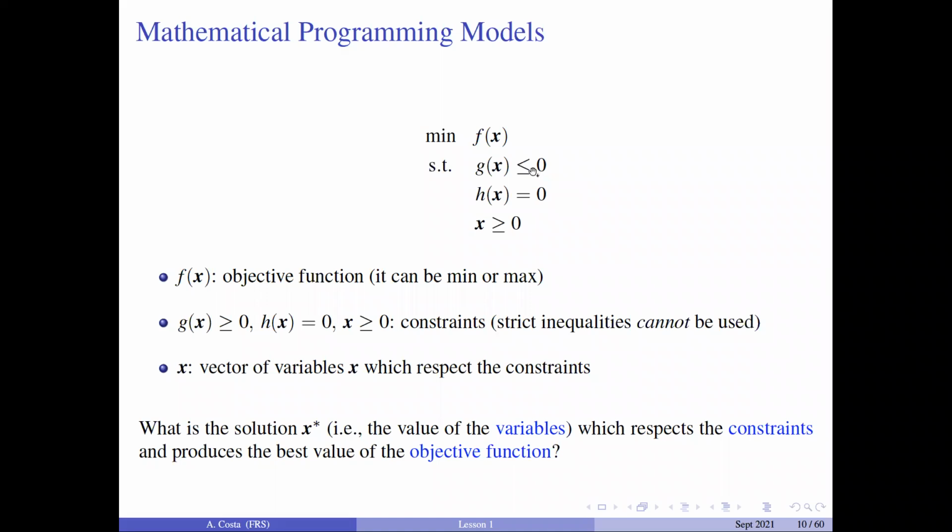One point I want to make, you don't have strict inequality here, because if you had, the problem would not be well defined. Because, quick example, if I want to maximize x, and x is less than or equal to 10, then of course the optimal solution is 10, right?